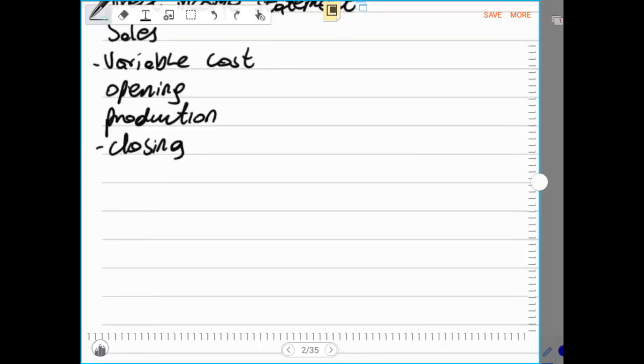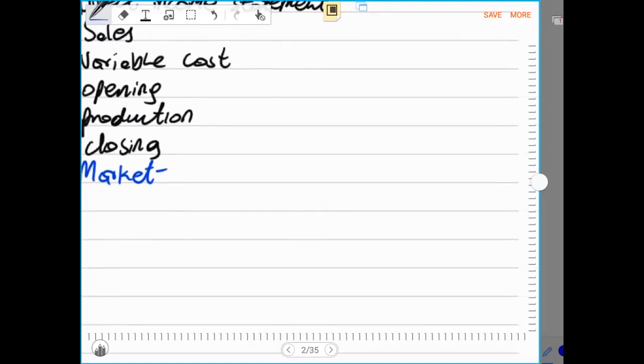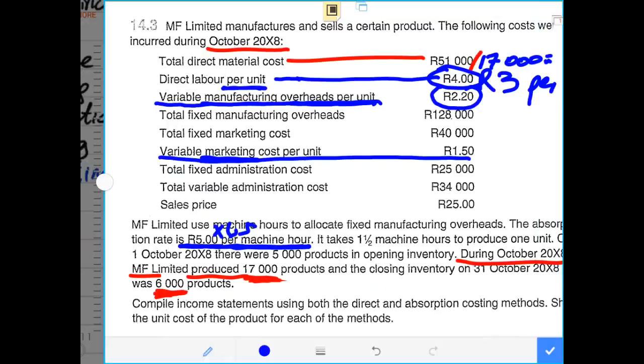Remember, these are non-manufacturing costs. I just want to write them differently. Marketing cost, which was variable. Then we have to check for another cost that was variable. We had total variable administration cost.